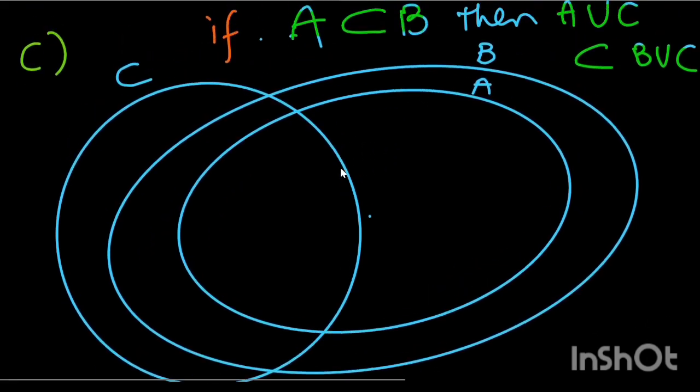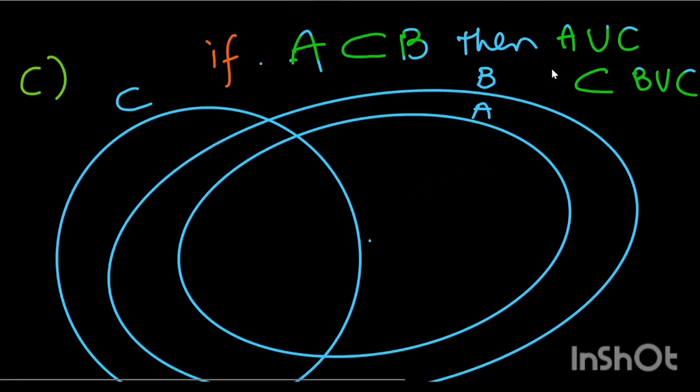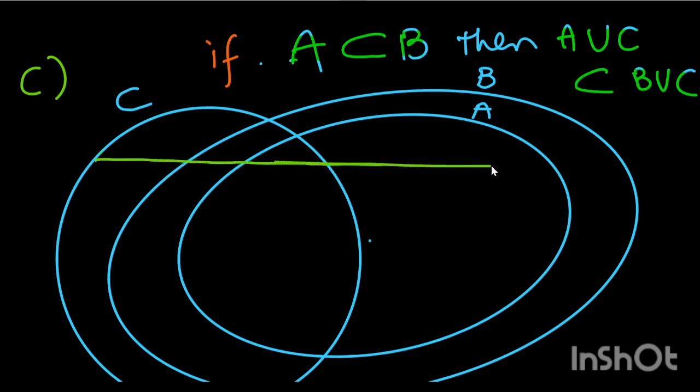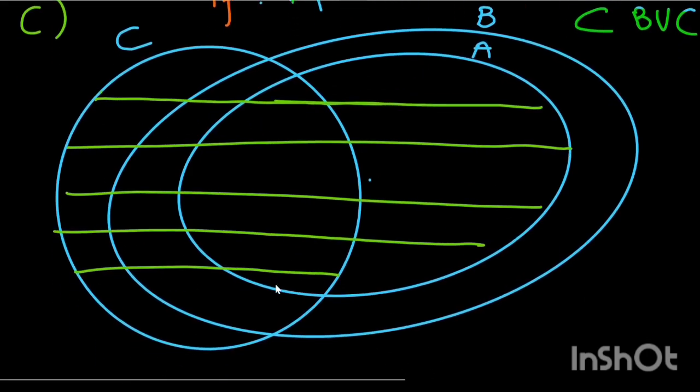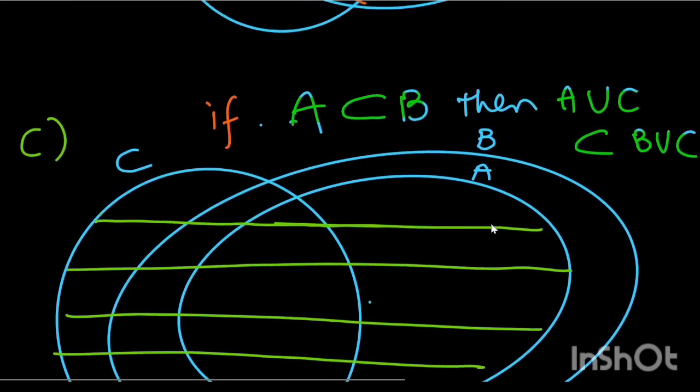Now I will find A union C. It is this, A and C. So in this green, this is A union C.